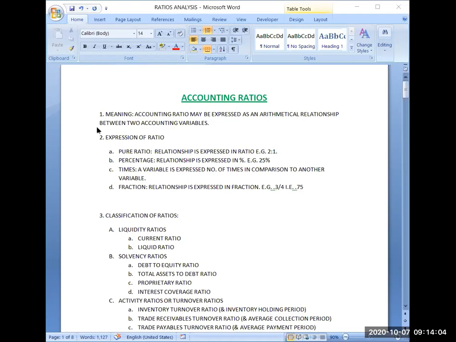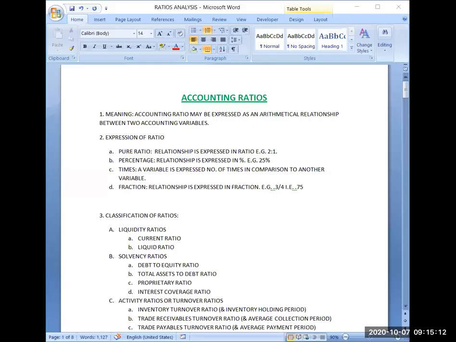So whatever information you are getting in your financial statements, revenue from operations, expenses, assets, these all are accounting variables.